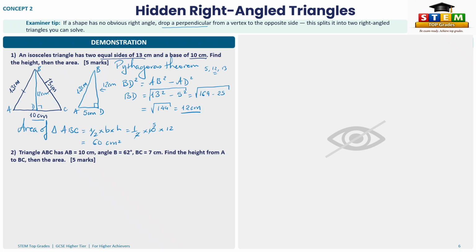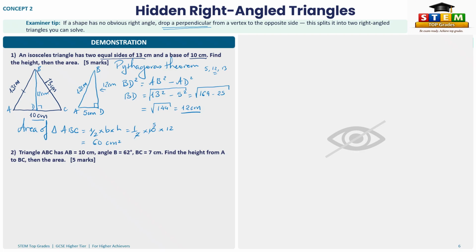Not that difficult. Okay, so the key idea is to show your work, show your structure. The key idea is actually to drop a perpendicular. Sometimes you can help yourself by just adding a line, a side in the shape that you've been given.